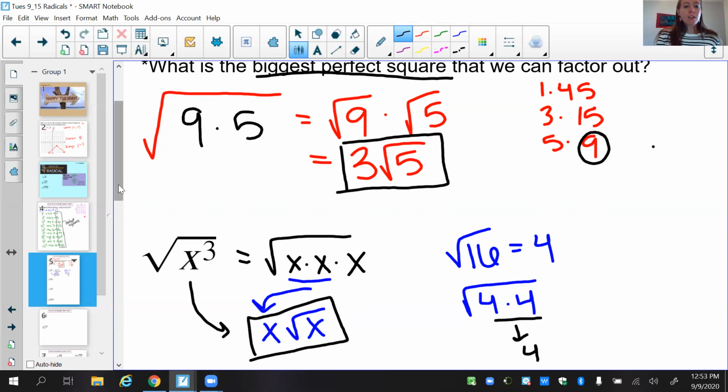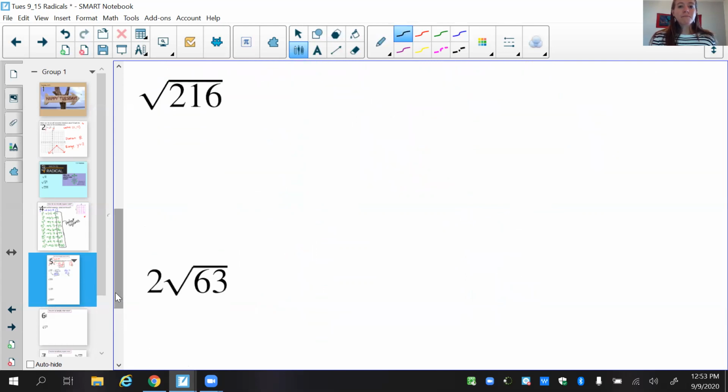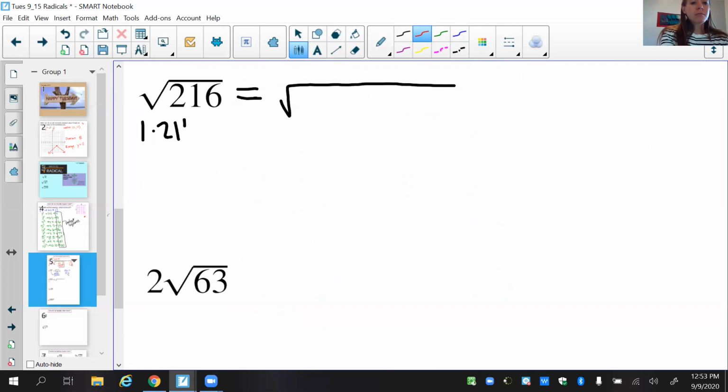Okay? All right. What about some bigger numbers here? So 216. Remember, very first thing, we need to look for the biggest perfect square. So I'm going to think, all right, 1 times 216. 2 times what? 216 divided by 2 is 108. Can I divide 216 by 3? Sure can. 3 times 72.